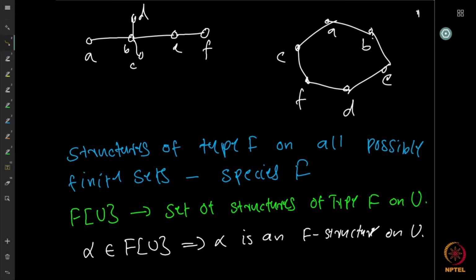So take U as one set that we consider, like 1, 2, 3, etc., n, or A, B, C, D, E, etc. Consider any such finite set, and then look at all possible structures of this type. For example, trees you are saying, right? So all possible trees you can make on this set of elements. Collect them together for all possible finite sets, this is called a species of the type tree.